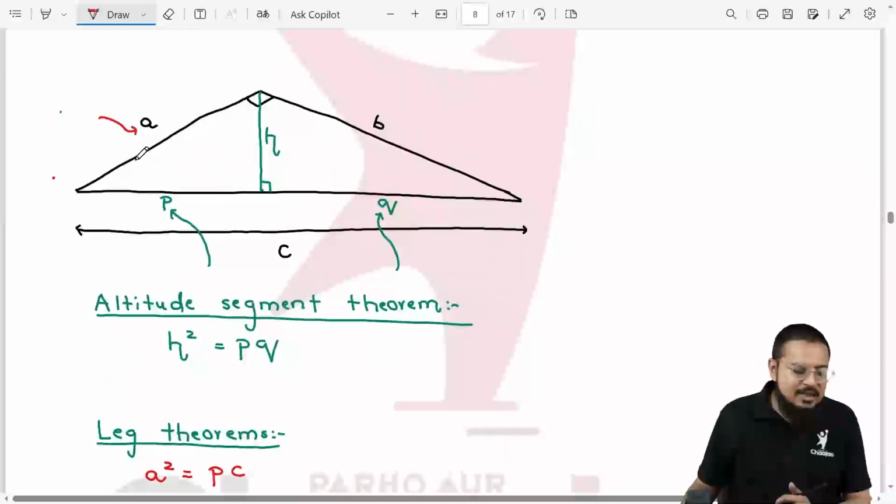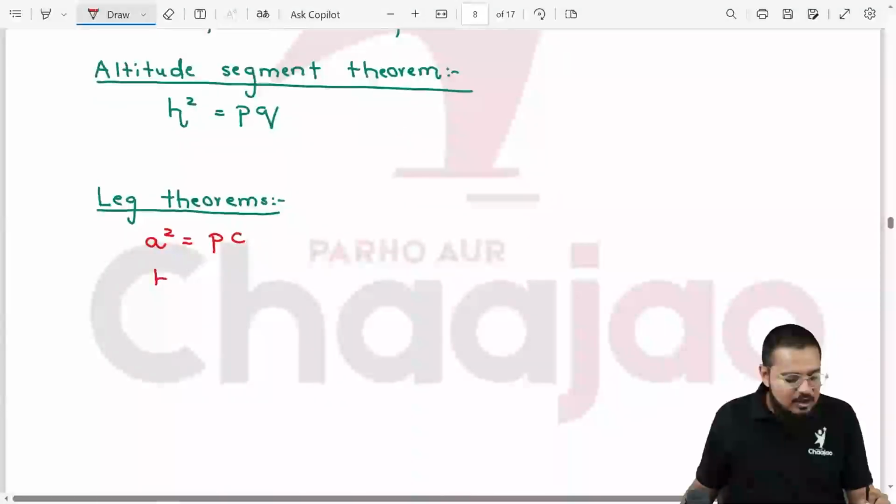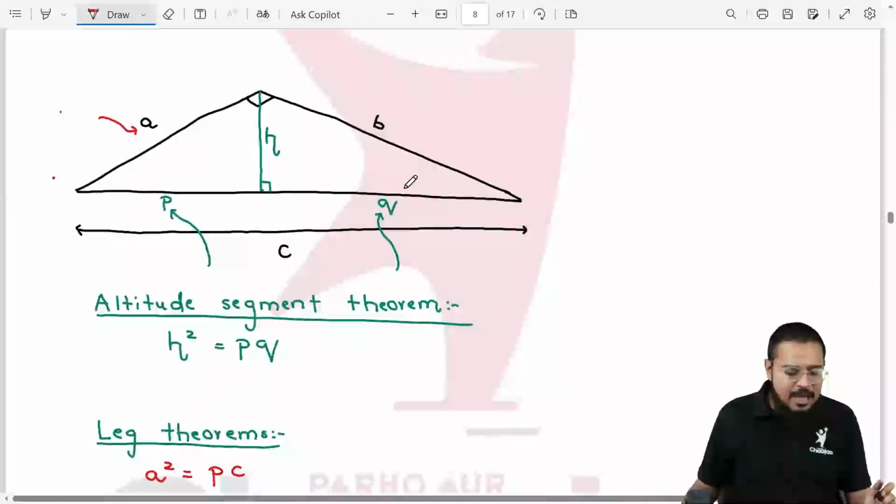Now, if you're taking this leg, you're going to use this particular segment, not this segment Q. But if you're taking this leg b, you're going to create a similar formula, but this time you're going to use Q instead of P. Which one of them is near? You're going to use that one.